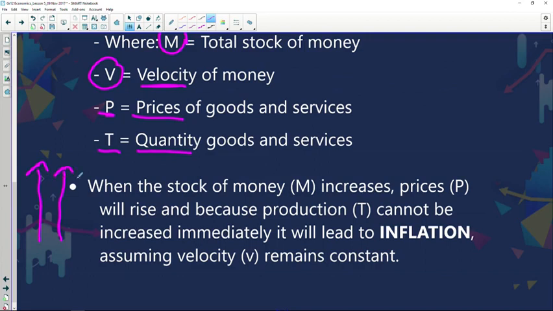And because production T cannot be increased immediately, it would lead to inflation. So the stock of money is going up, the prices are going up, but production will not increase immediately, and therefore that would lead to inflation, assuming that velocity V remains constant.